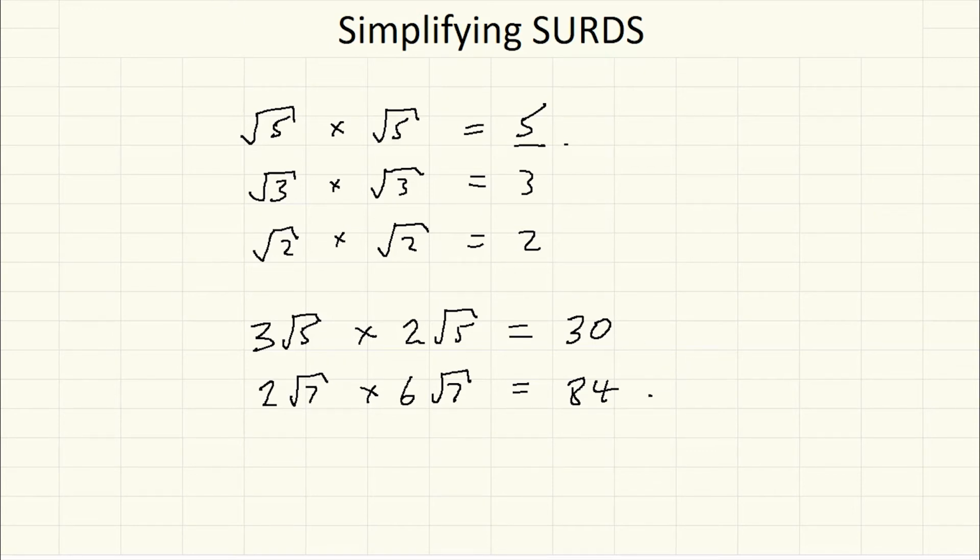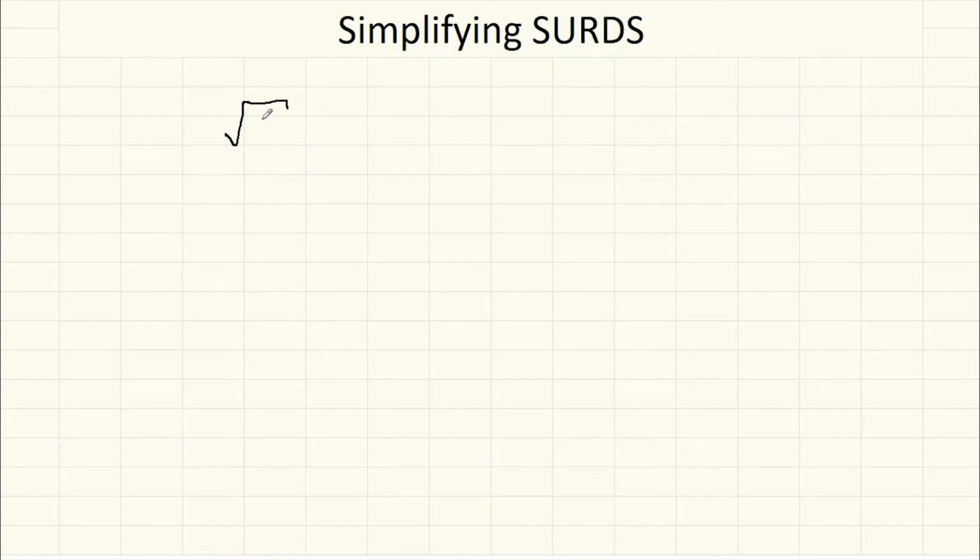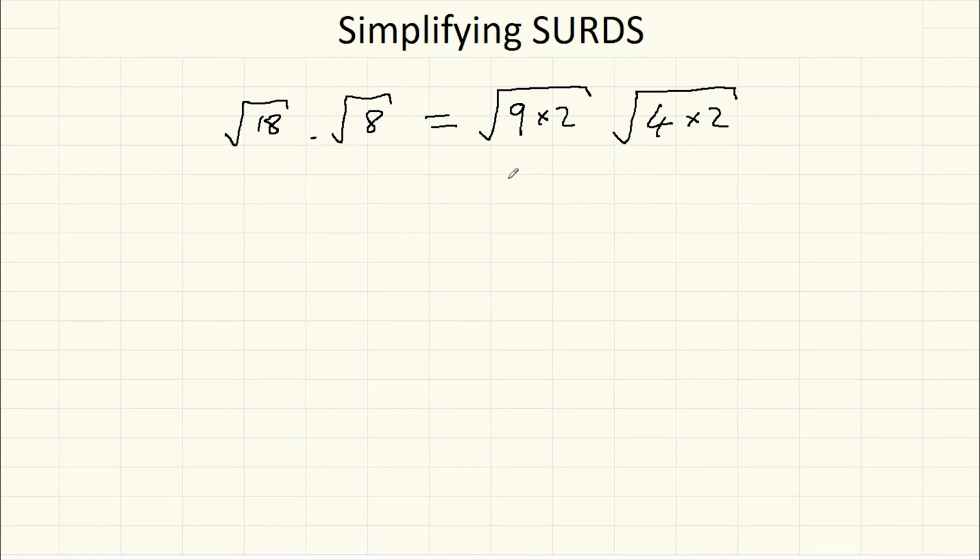Next, root of 18 times the root of 8. What does this equal? Well, the root of 18 is the root of 9 times 2. And the root of 8 is the root of 4 times 2. This equals root 9 times root 2 multiplied by root 4 times root 2.